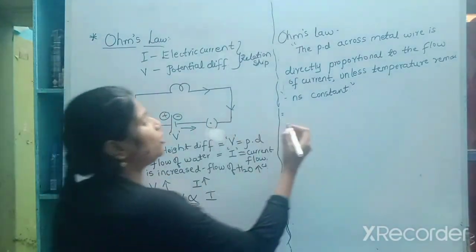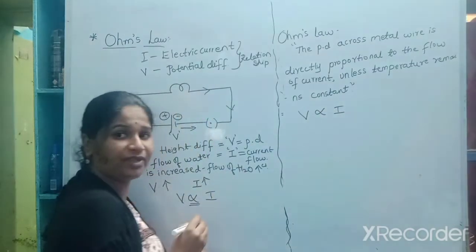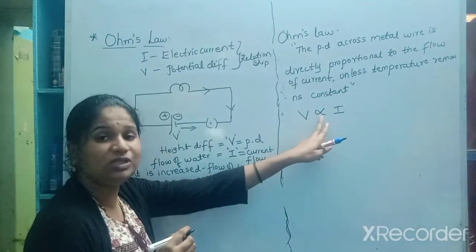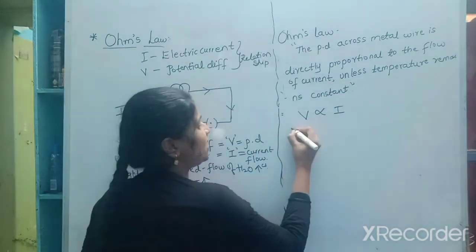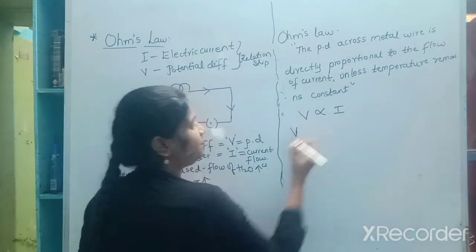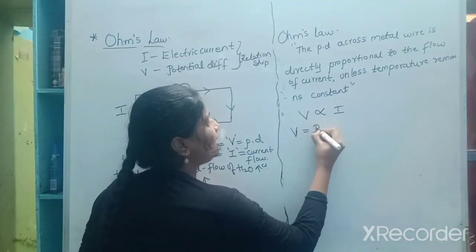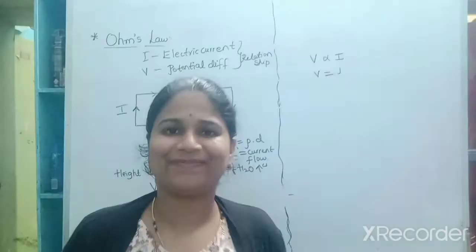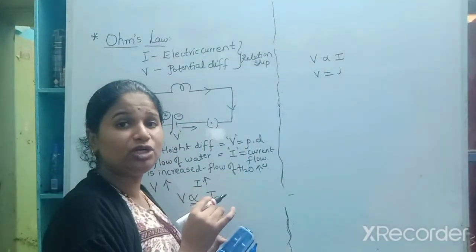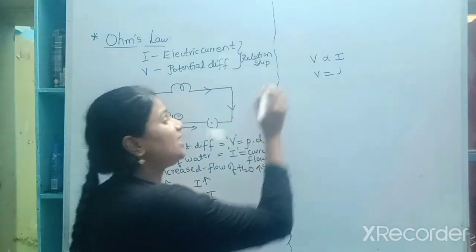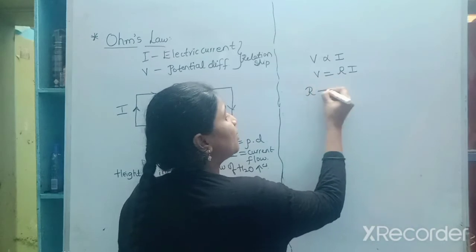Okay, now according to Ohm's law, what happens? V is directly proportional to I. So when we have to remove this proportionality sign, we should replace it with V is equal to R into I. So here V is directly proportional to the flow of current, and V is equal to R into I. So what is R here?